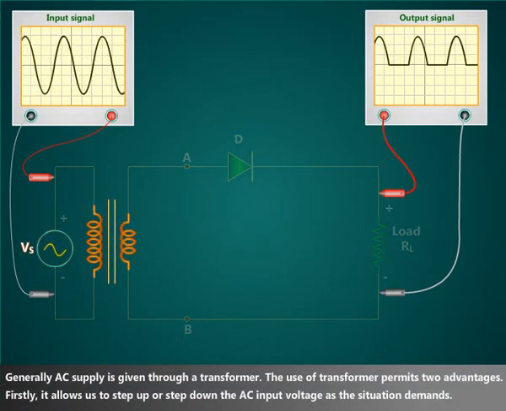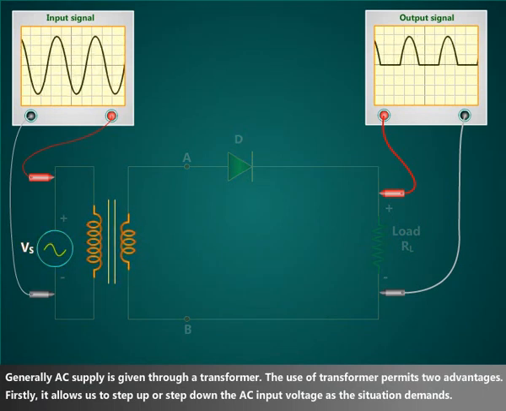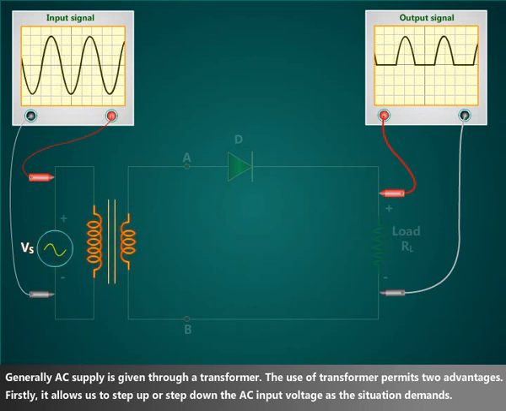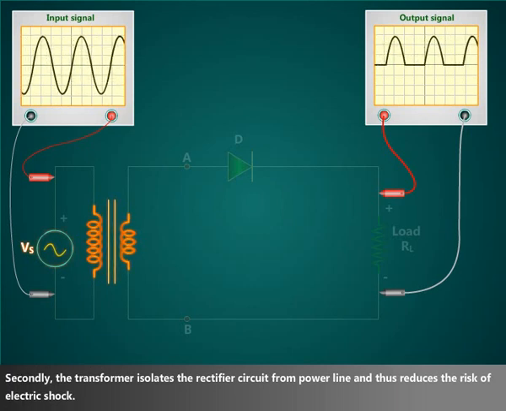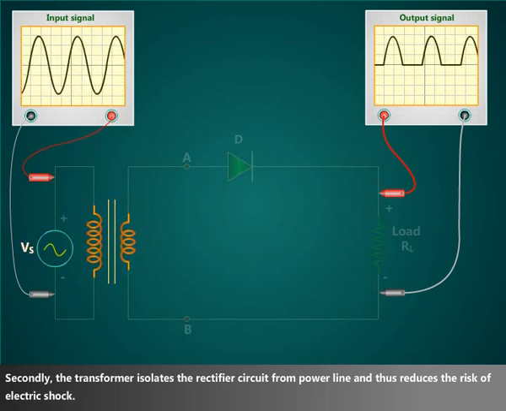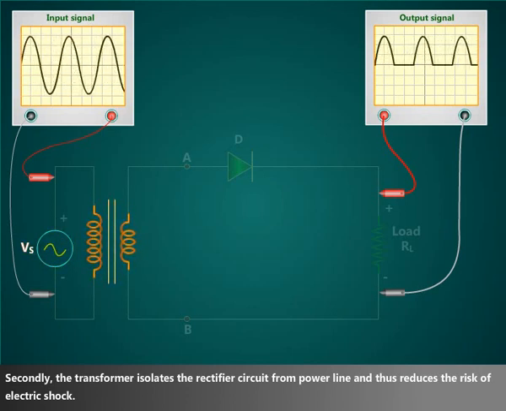Generally, AC supply is given through a transformer. The use of transformer permits two advantages. Firstly, it allows us to step up or step down the AC input voltage as the situation demands. Secondly, the transformer isolates the rectifier circuit from the power line and thus reduces the risk of electric shock.